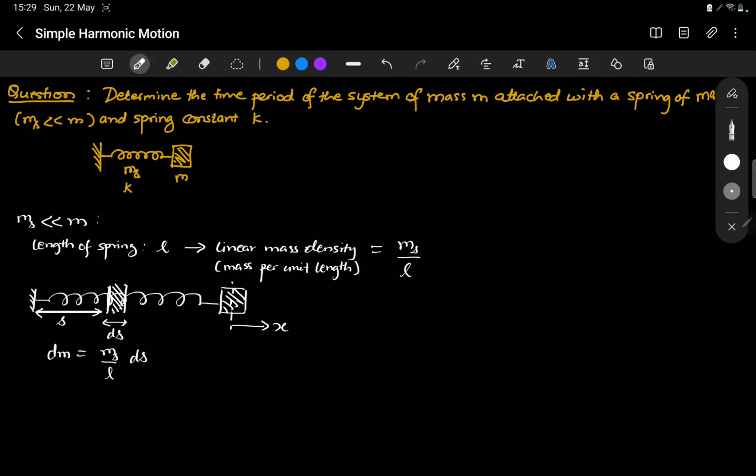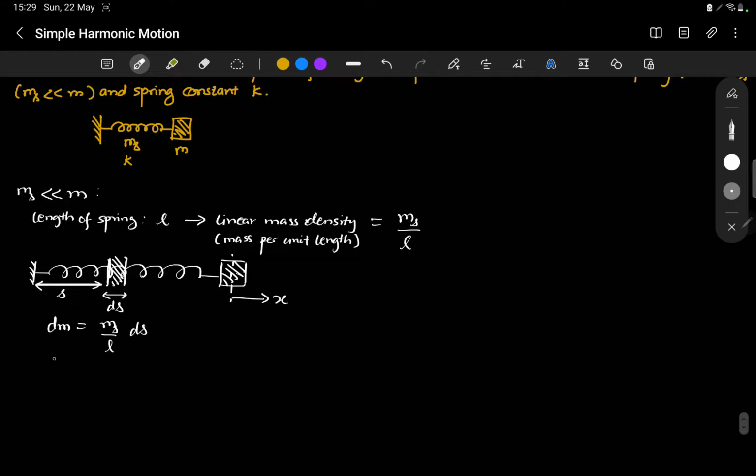Now if we displace the block by x amount, the displacement of the block is x.